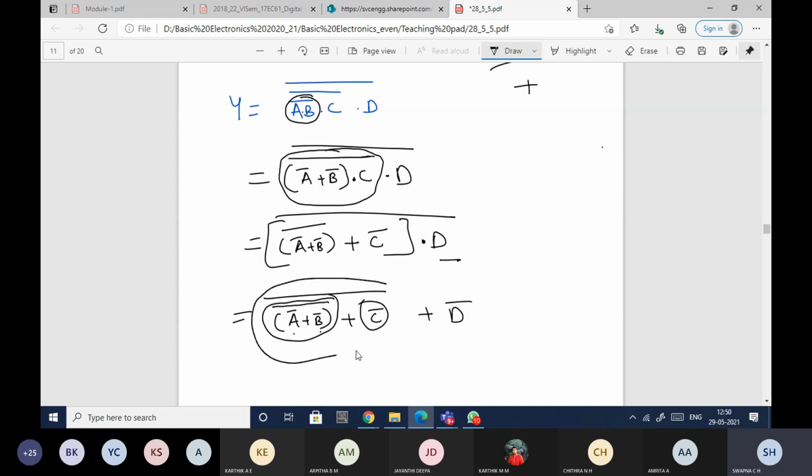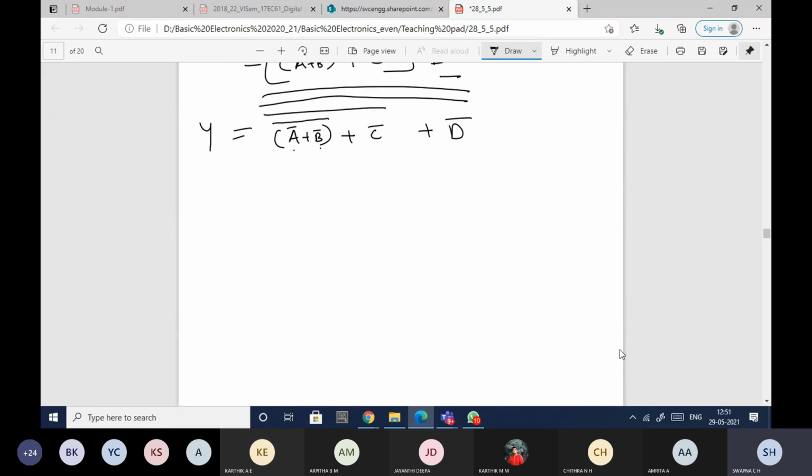Next, this entire thing plus this entire thing. Do I have whole bar? No, ma'am. So what I need to do? Double complement. Use double complement. Okay, so take double complement to this entire thing. This is your Y.